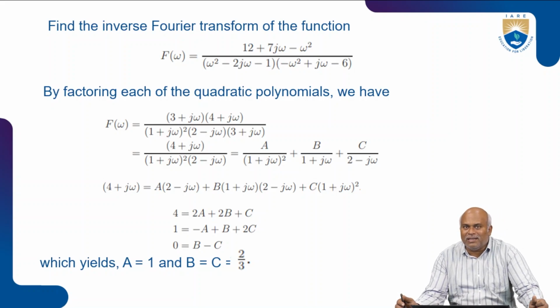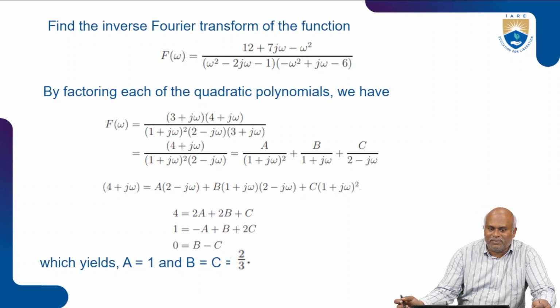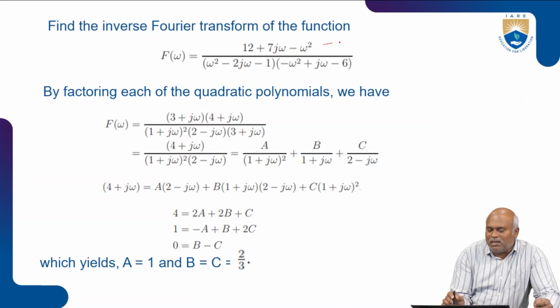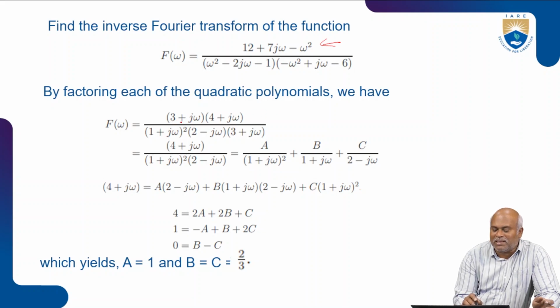For the numerator, I make it in terms of the single j omega. So I can split it as (3 + j omega)(4 + j omega).